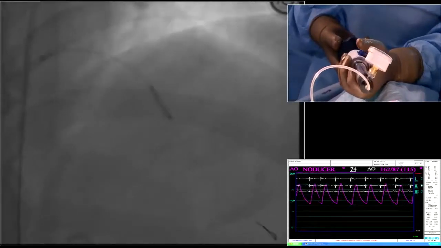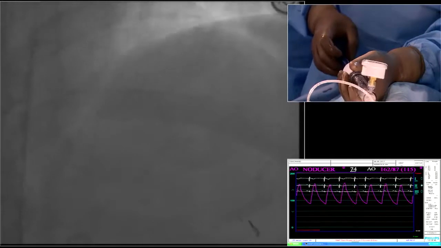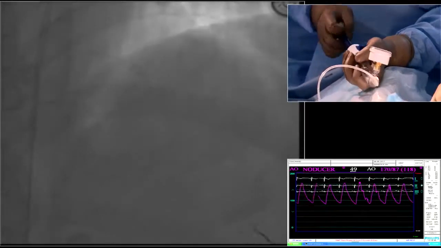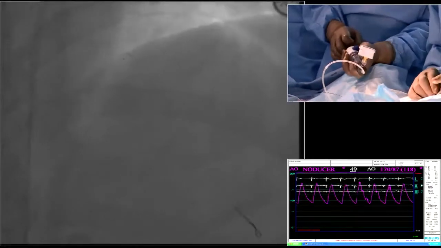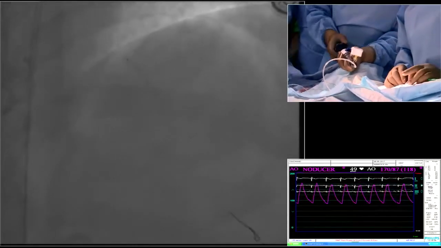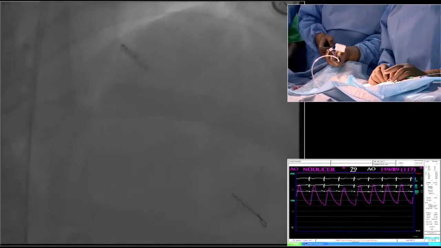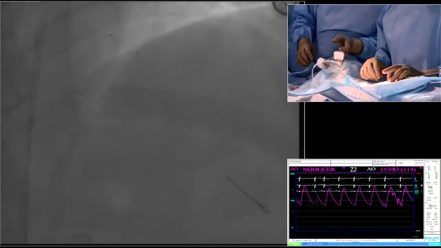Still a little distal, negative. So many times, to eliminate this watermelon seed effect, you go a little slow. Again, 4, 6, 8, 10. Again, moved. Okay. Anyway, let's take one picture.